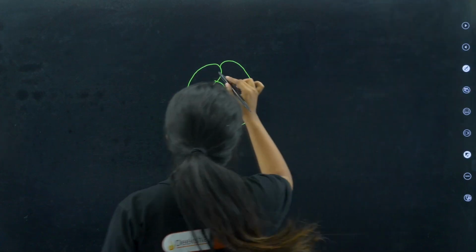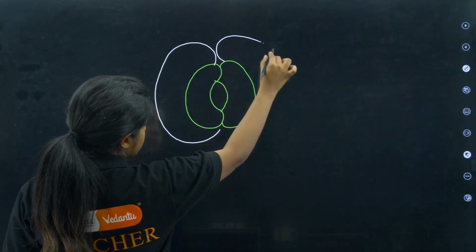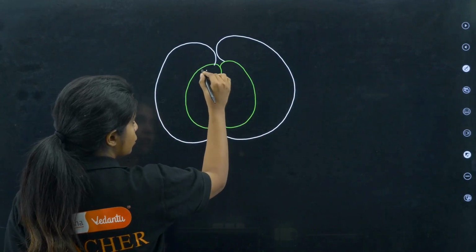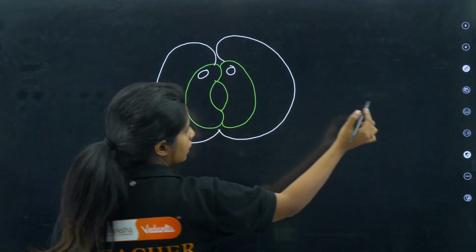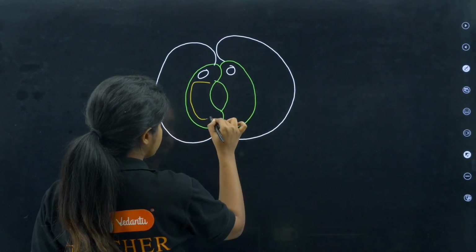These are the guard cells, my dear children, and above them you would have some subsidiary cells as well. The guard cell will have its own nucleus and a big vacuole as well.